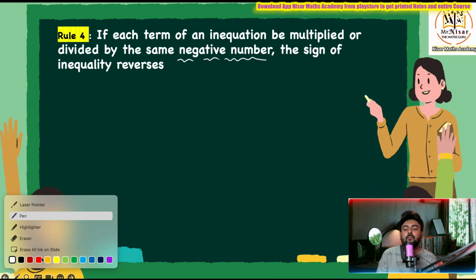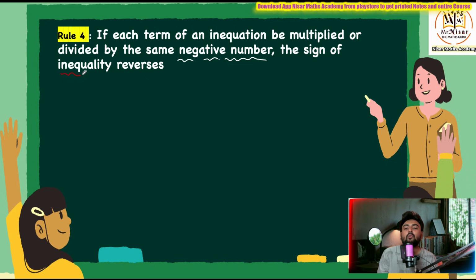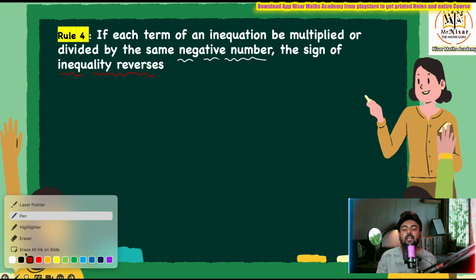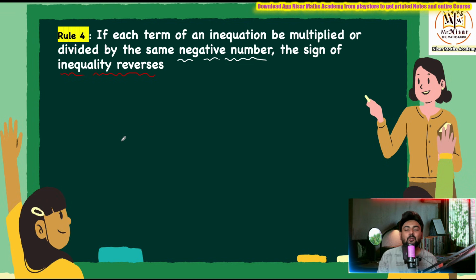This is something very important. So here the most important rule comes. If someone asks you when the sign of inequality changes, your answer should be: when it is divided or multiplied by a negative number.